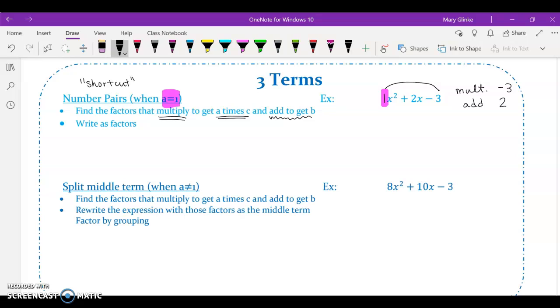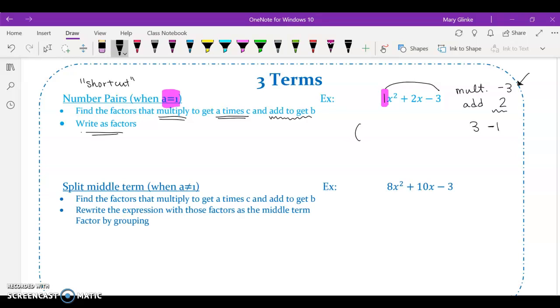When you find those factors, we're going to write them out as our factors using a shortcut. The numbers that are going to work have to be 3 times 1 because nothing else multiplies to get 3. And because it has to be negative, we're going to make the 1 negative to make the adding part work out.